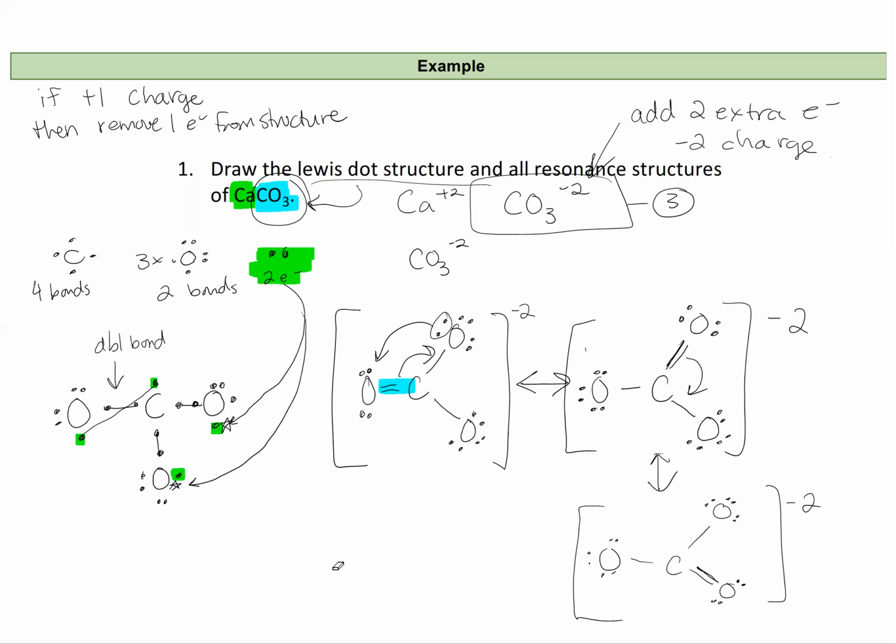If I wanted to make a hybrid structure of these, I'd try to take the average of them. And so again, I would redraw this with my single bond base structure. And then I would come in and I would put in some dots to show that these are partial bonds. And each of these is really going to be 1 1/3 bond, because that 1 extra bond right here is being shared over 3 carbon-oxygen bonds.